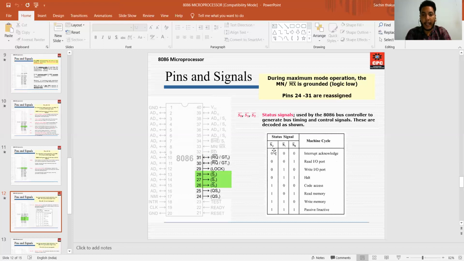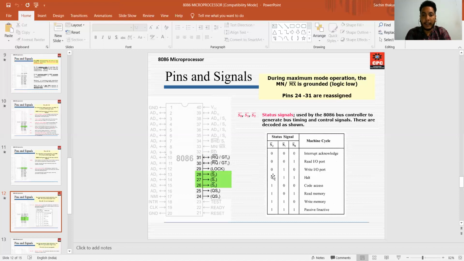If S2 is at logic 0, S1 is at logic 1 and S0 is at logic 0, it means write input output port. If S2 is at logic 0 and S1 and S0 are at logic 1, it means the machine cycle is in halt state.